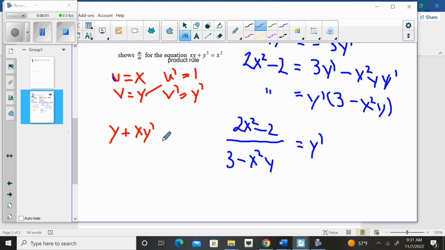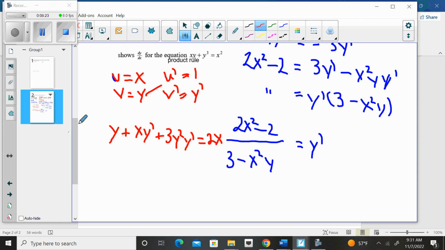Then treat the y cubed just like it were an x, right? But because it's a y, we treat it like it's an x, but then we, after taking the derivative, have a y prime at the end. And then the derivative on the right-hand side, nothing special about that. That's just 2x.